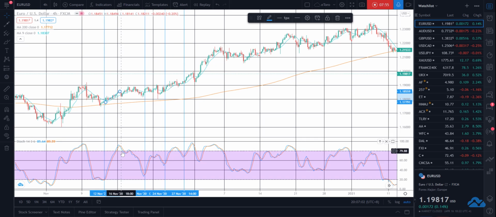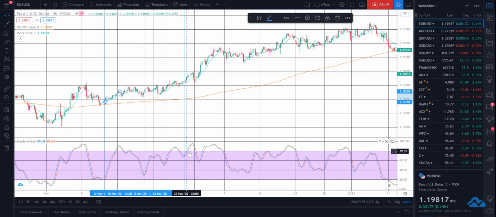But as I said, this is momentum. So if you think this is an uptrend, just don't close and wait for the lines of the indicator to go below 80, which is the upper band, and then close.